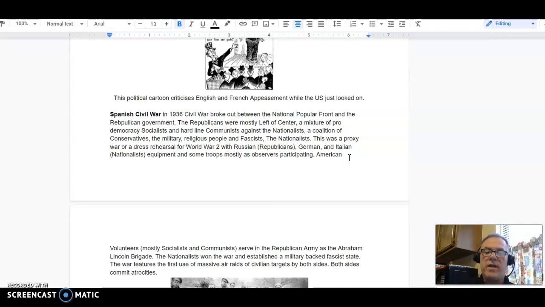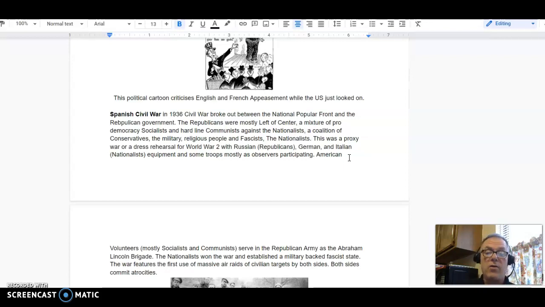The weapons that are going to be used in World War II, Russian and German planes, strategies, tanks, these are all played out with the Republicans being supported mostly by Russia, because the Republican government had a very high element of communist support in its established government, and that was what the nationalists really despised. They really disliked communism.